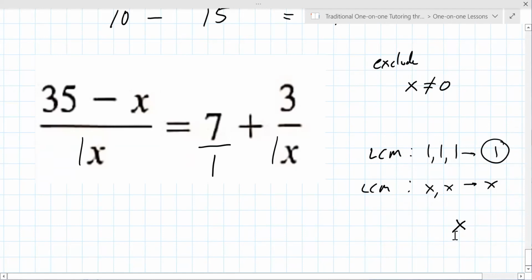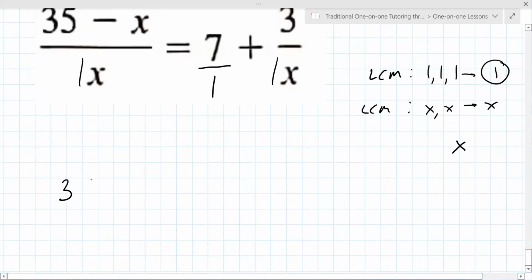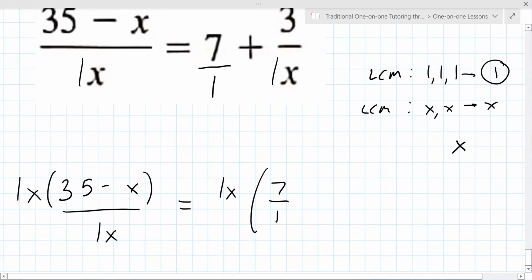Okay. So now that we've got the least common multiple, it's 1x or x, that's what we're going to multiply everything by. So we're going to take this 35 minus x over 1x, and we're going to multiply by 1x equals 1x times 7 over 1 plus 1x times 3 over x.